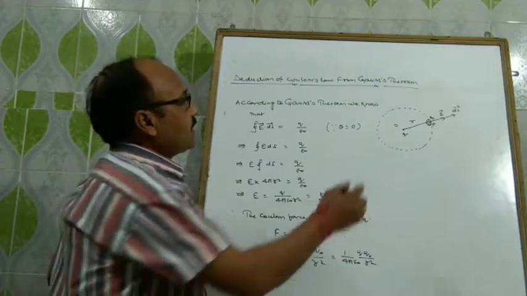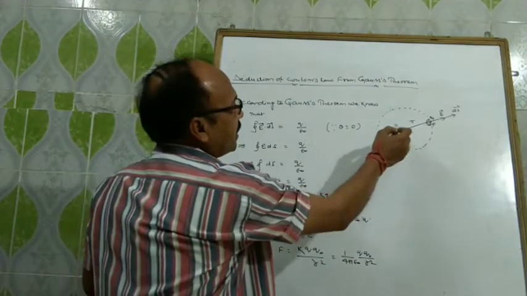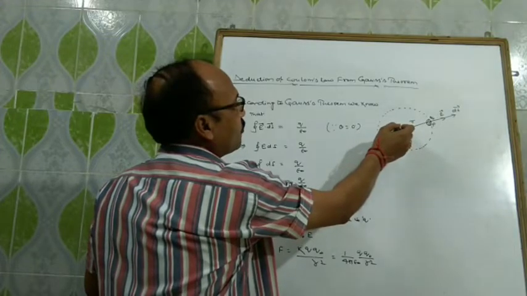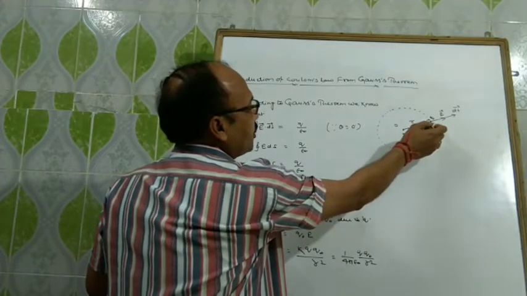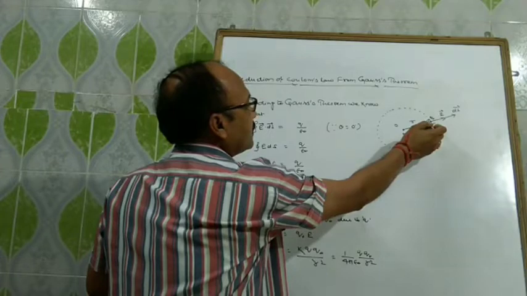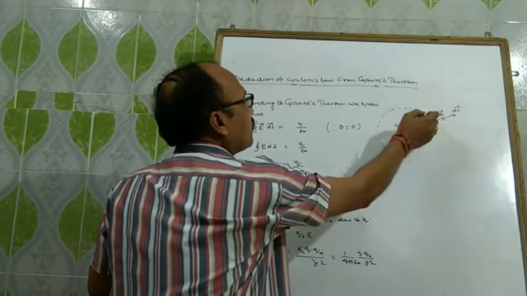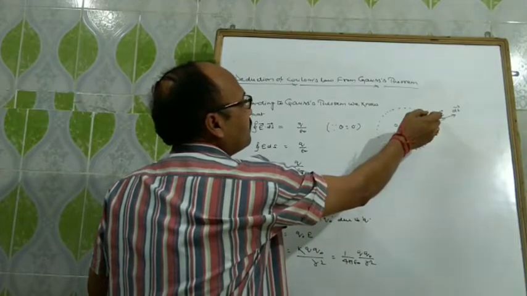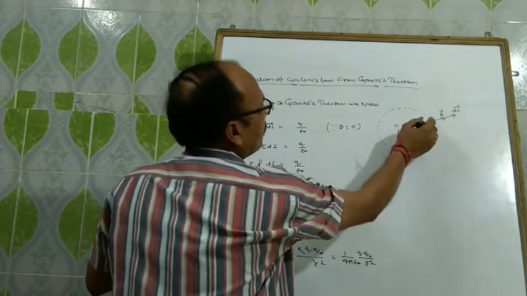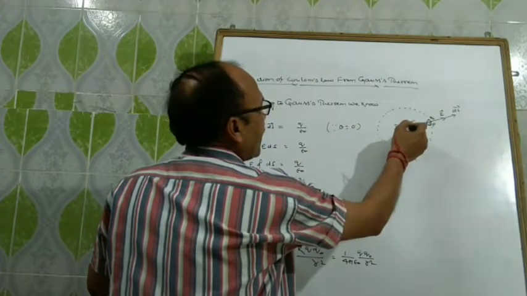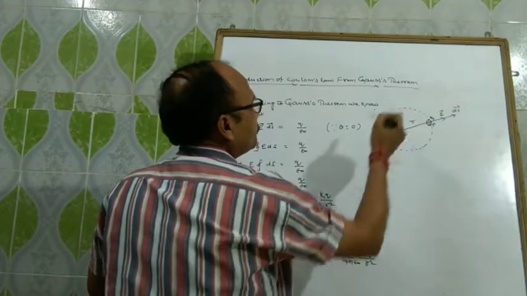In this case, we are taking a point charge q placed at point O, and P is the point of observation at distance small r, and q naught is the charge placed at point P. Now we draw a sphere of radius r around q.